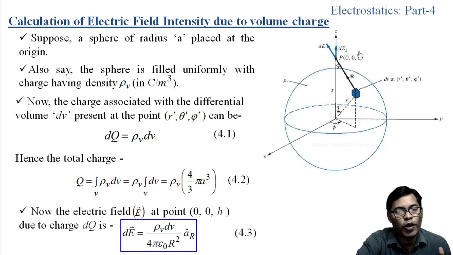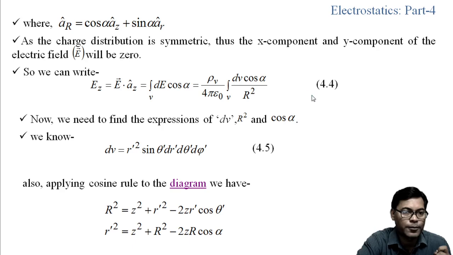Each gives 3 components along x, y and z direction, and the components for the opposite dV will be along minus x, minus y and plus z direction. So the x component will be 0, and only the z component is present. So for this volume of charge dV, only the z component we will consider.